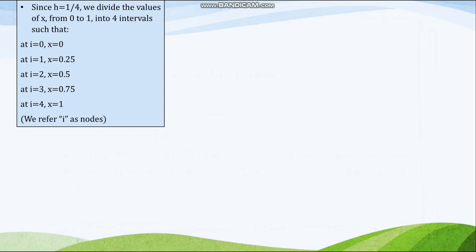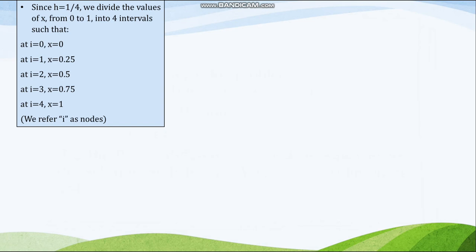Let us now start with the solution. First, since h is equal to 1/4, we divide the values of x from 0 to 1 into 4 intervals such that at i equals 0, x equals 0. At i equals 1, x equals 0.25.